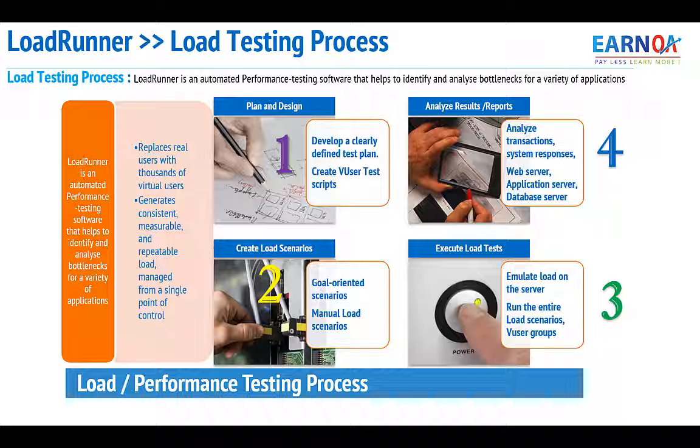When we say plan, we need to have a clear-cut picture. What are my objectives? Reliability, capacity, the number of users that the application should support, the transactions, the memory, the process, throughput, bytes, and much more.